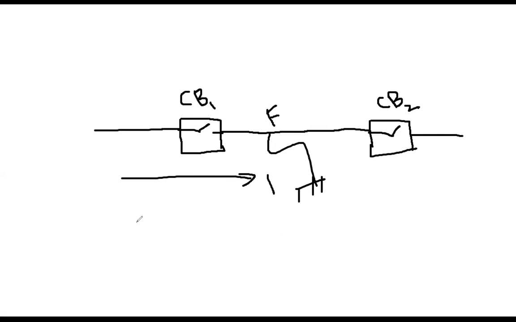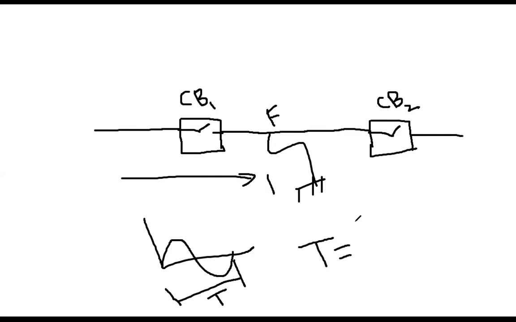For example, current was flowing, and this is the voltage or the current waveform. You all know this is one cycle, and this is one time period. From here to here, that is T, and T equals 1 over f.